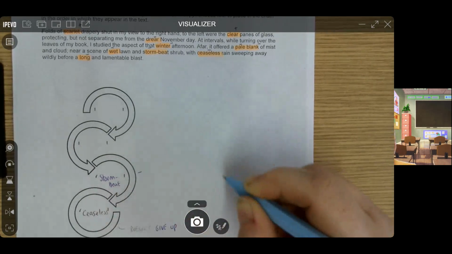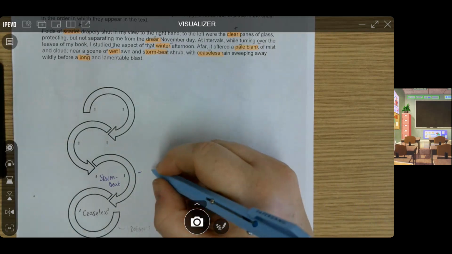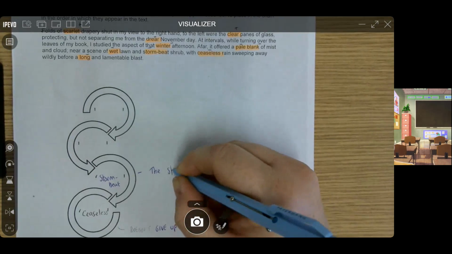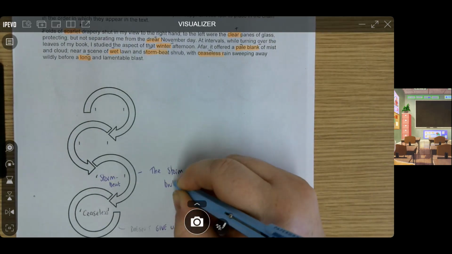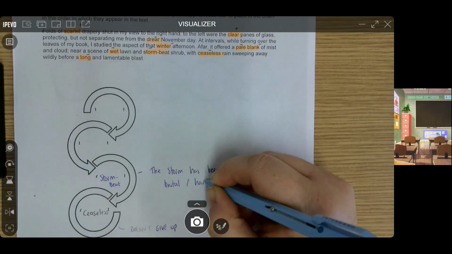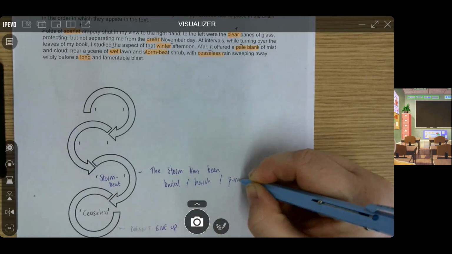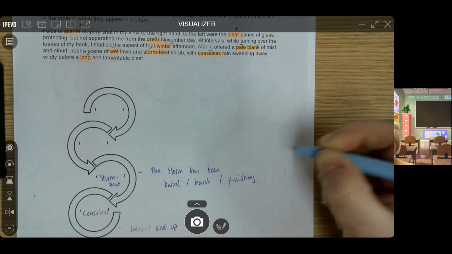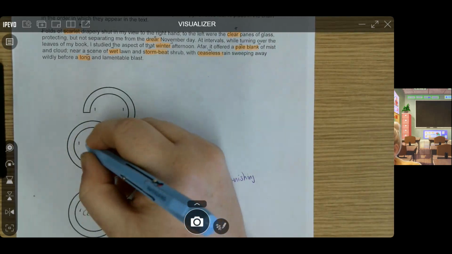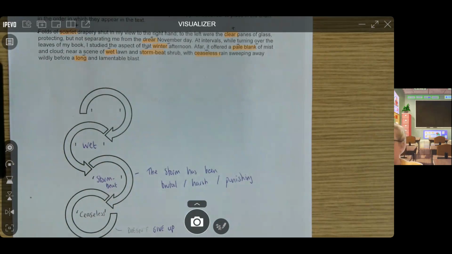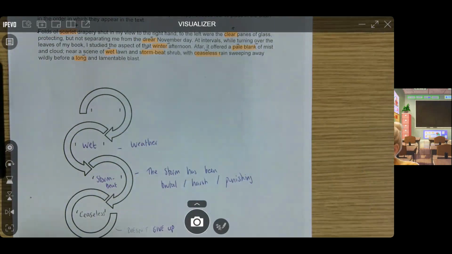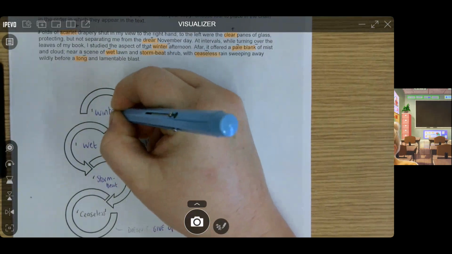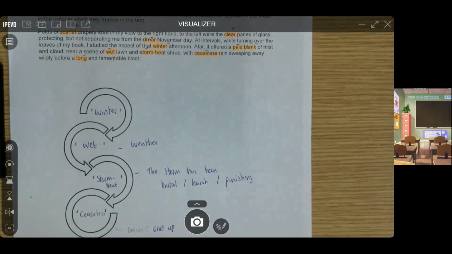The reason I'm choosing this is it tells me that the storm has been brutal, harsh, punishing. I'm also going to take the word wet. It gives me a really clear indication of the weather. And finally, I'm going to choose winter. So winter for me has connotations of all of these things.